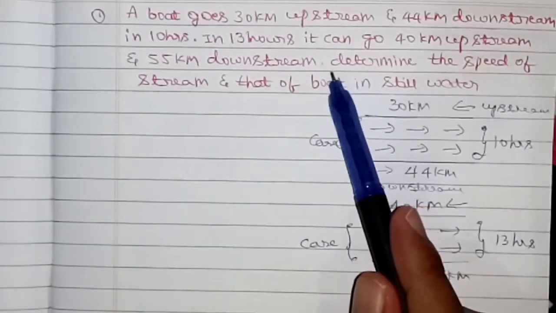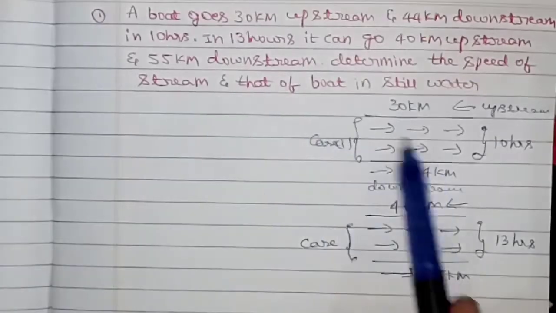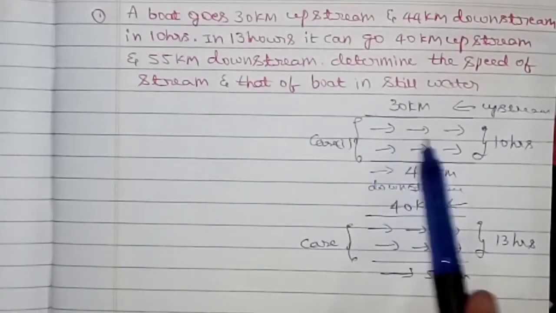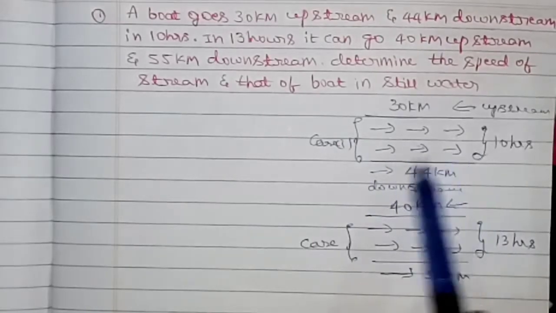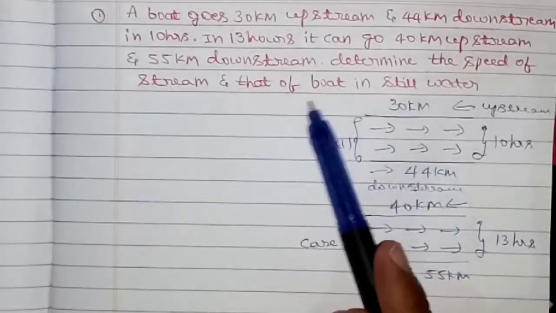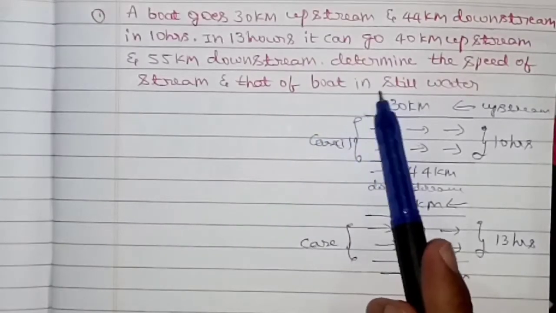So we need to find the speed of the stream. What is the meaning of stream? Nothing but the rate of speed of the water which flows, that you need to find. And also you need to find the speed of the boat in still water.